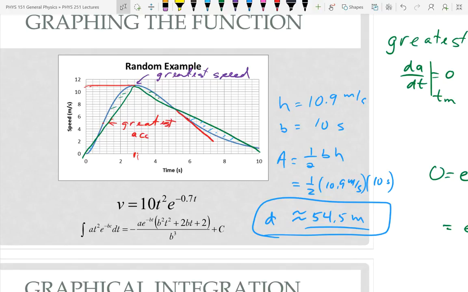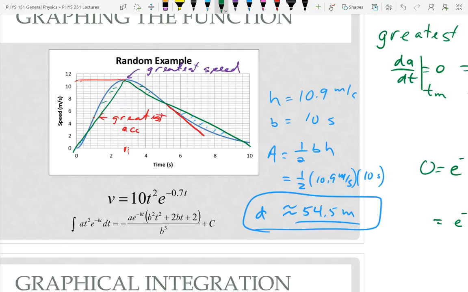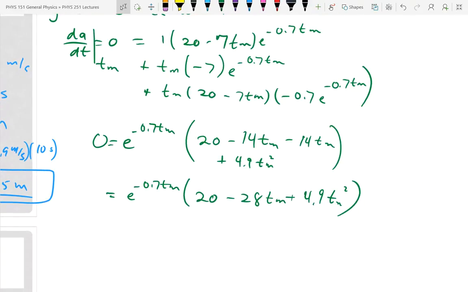I'm not going to do that math just because it's just algebra. You got it already? I have a quadratic solver. Okay, so he's going to do the quadratic solver for us, and he'd better get one time that's just a little less than 1 second, and then the other one's going to be somewhere around 6 seconds.